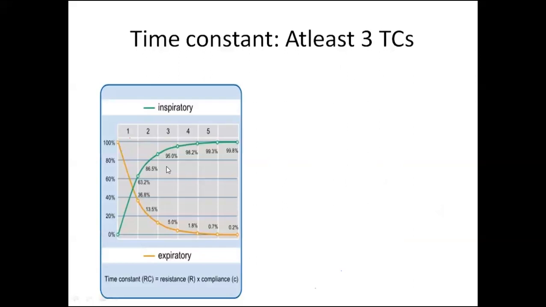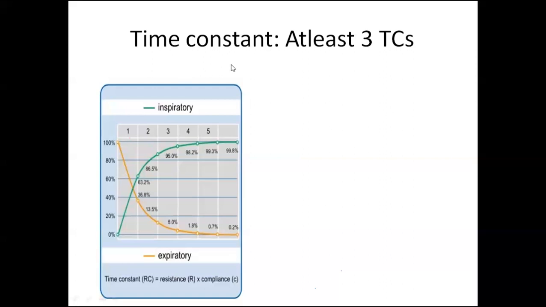So another important concept is time constant. The time constant is the time taken to move air in or out. One time constant is 63%. So it is 63% of the air to move in or out among the total air.